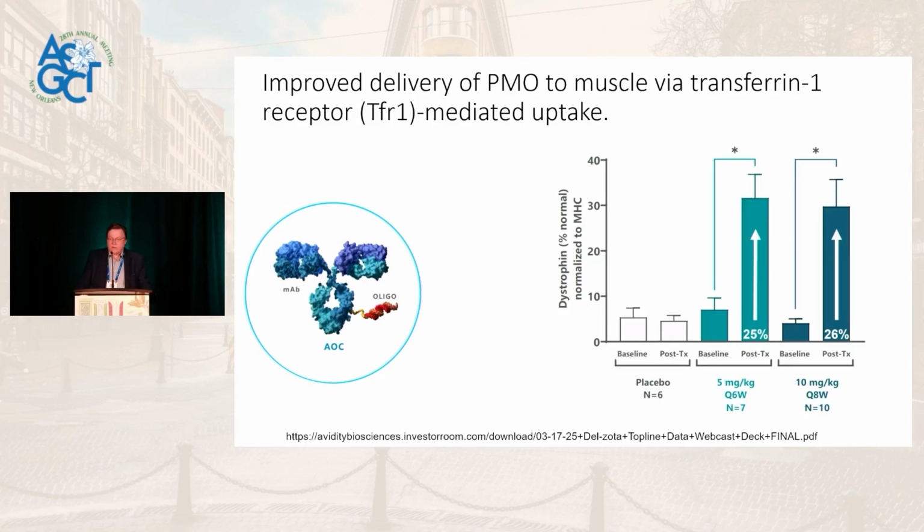So here's a case where Avidity, which uses an IgG fragment conjugated to PMOs to get them actively taken up into muscle, does so in preclinical models quite strikingly.